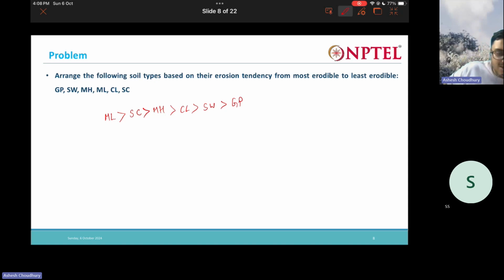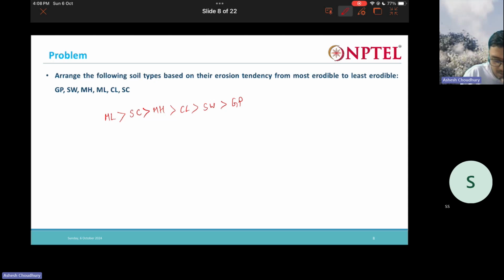Heavy. Sorry, this poorly graded gravel is the least erodible since it is having the most weight, heavy, right? And then we have the silt that is highly erodible.